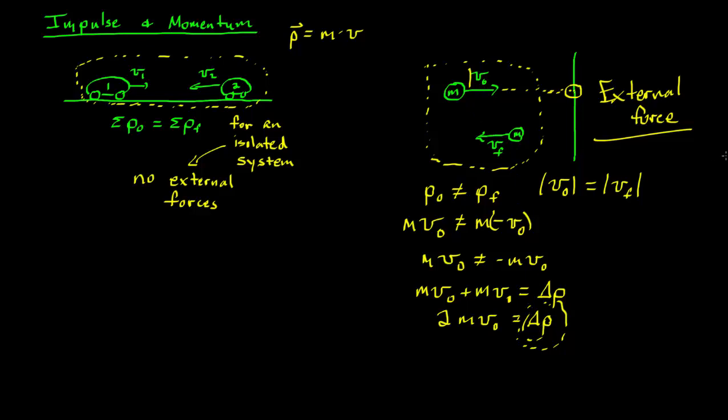So I'm going to shift gears and go through some derivations real quick. If we have a change in momentum, then that implies that we could just subtract the final momentum minus the initial momentum. And we're just looking at a single object in our system. So our system would be some object with mass.